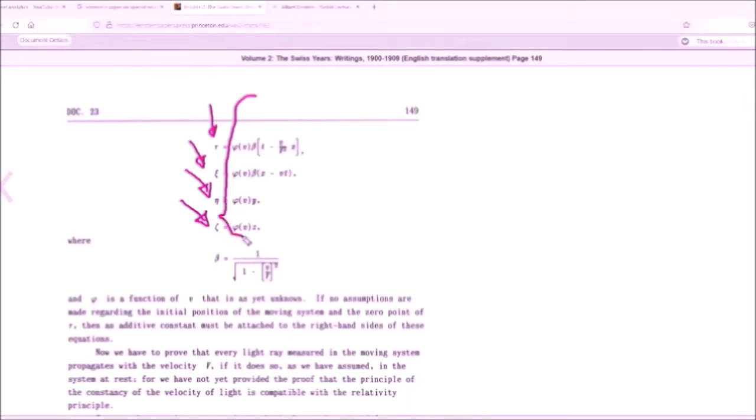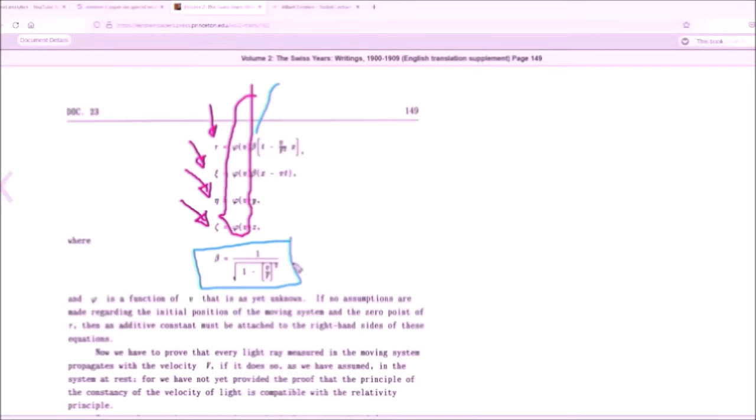That is where things become making a business out of nothing, and the constant beta that he is going to define, this constant beta is 1 over the square root of 1 minus the relative velocity squared. If the velocity is very small, beta is equal to 1.